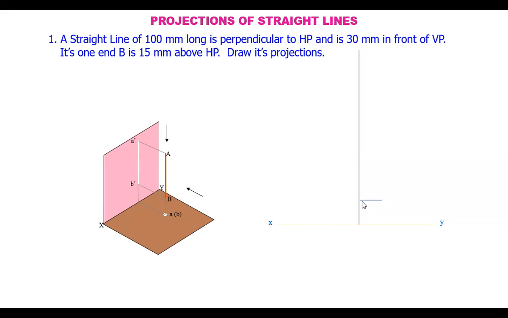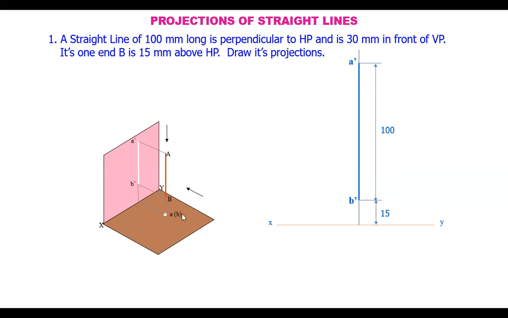So B starts here and A is above. We highlight a line of 100 mm long here and call this point B dash and this A dash. So this is the front view of the line. Of course, the length of the line, 100 mm, is the true length of the line.